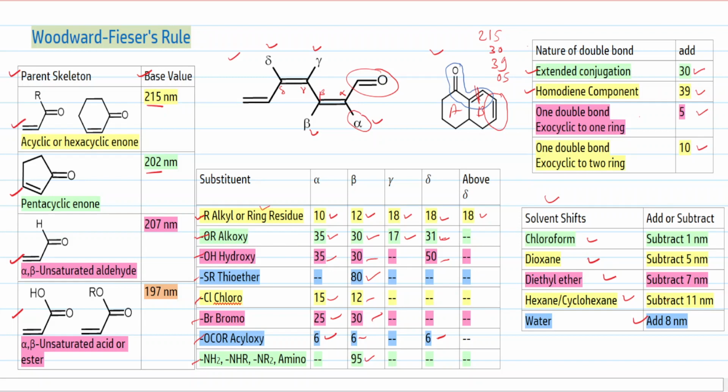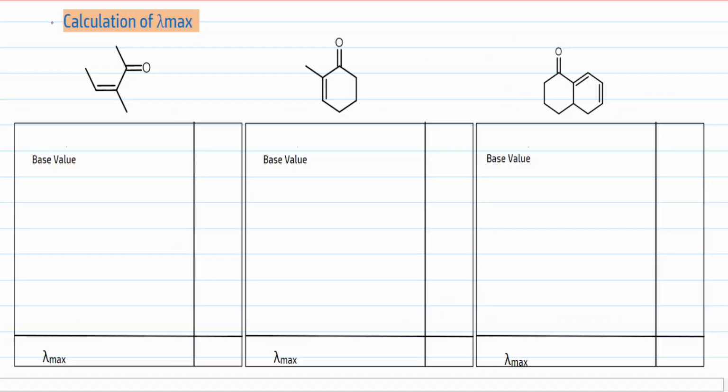So by using this rule, we will see different examples and how the lambda max value is calculated for those examples. In the calculation of lambda max for an enone system, we have to identify the enone system. To identify the enone system, we just have to look at the structure of the organic compound, and there should be the presence of carbon double bond carbon which is in conjugation with the carbon double bond oxygen.